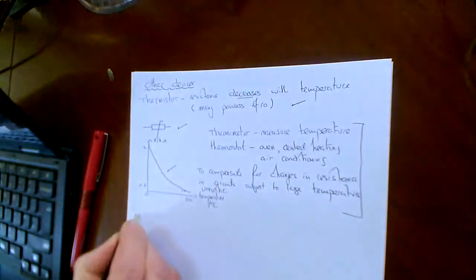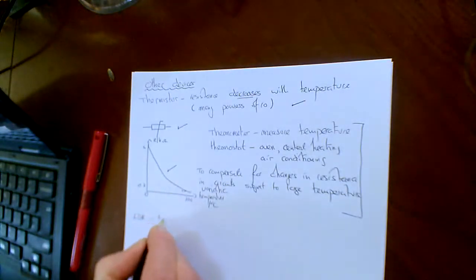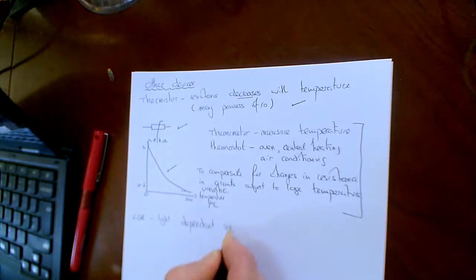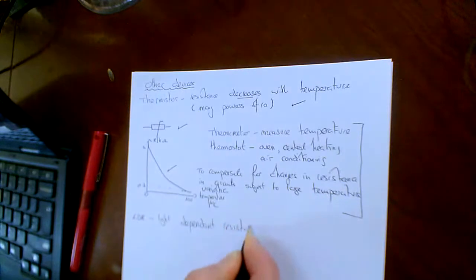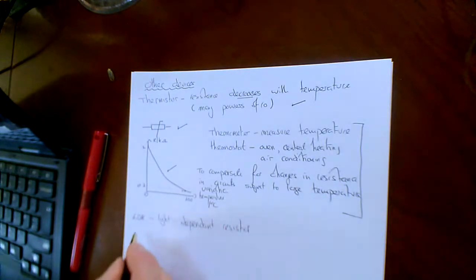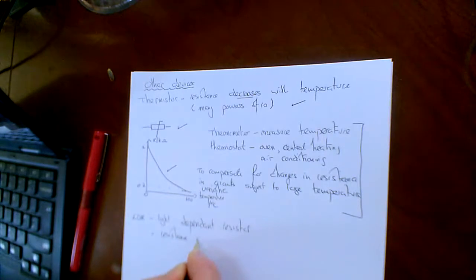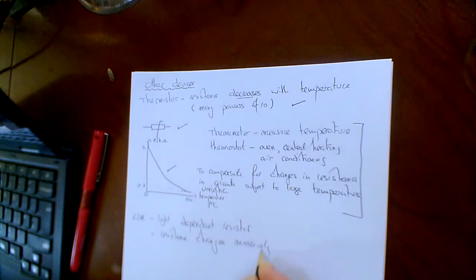The light-dependent resistor is my second device for this session, and this does pretty much what a thermistor does, but with light. So this is a device where the resistance changes massively with light level.